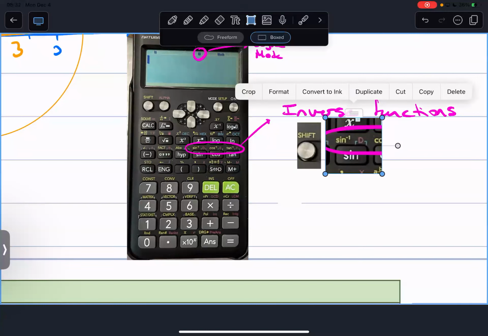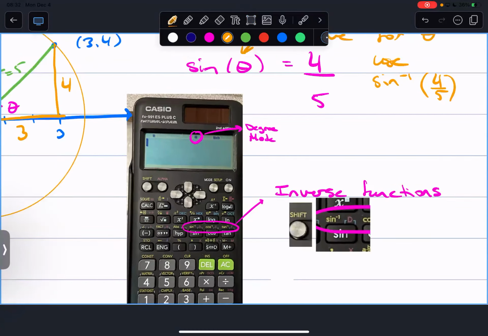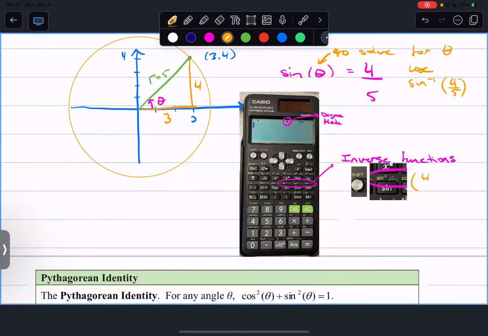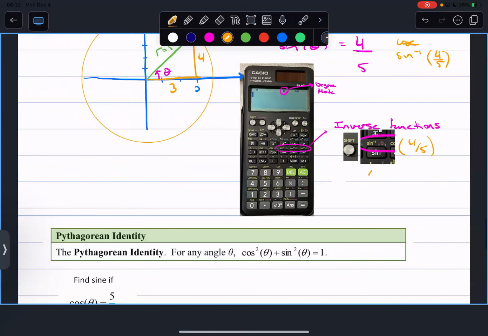Oh well, I think you get it. So then sine inverse of 4/5 in this case. 4/5, close the bracket. I get roughly, theta is roughly 53.13 degrees.